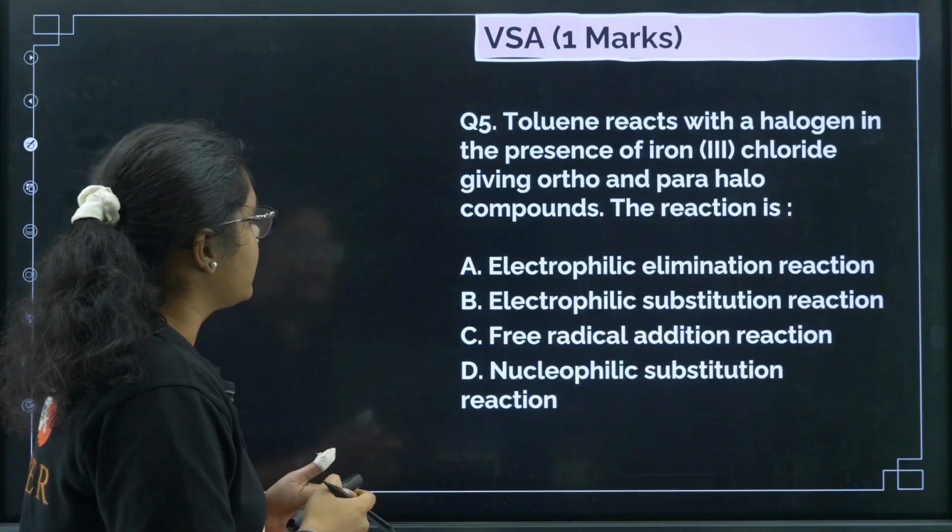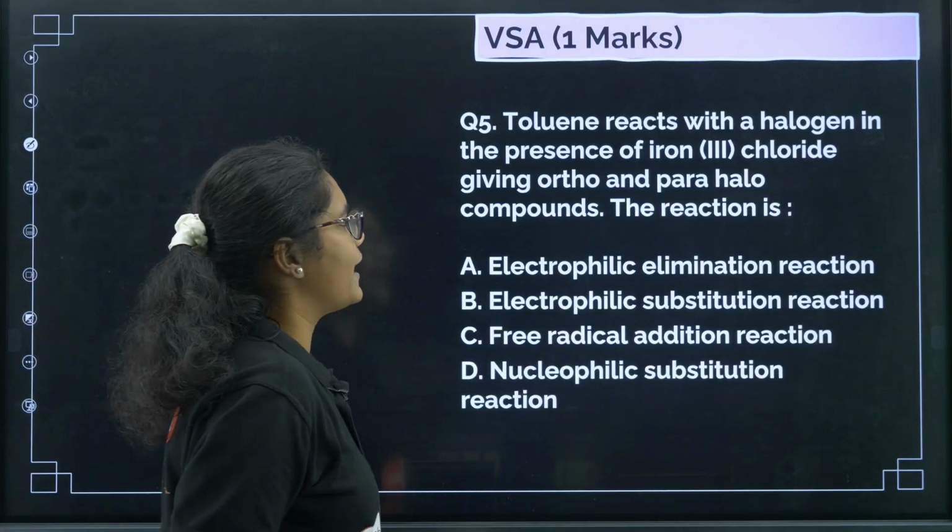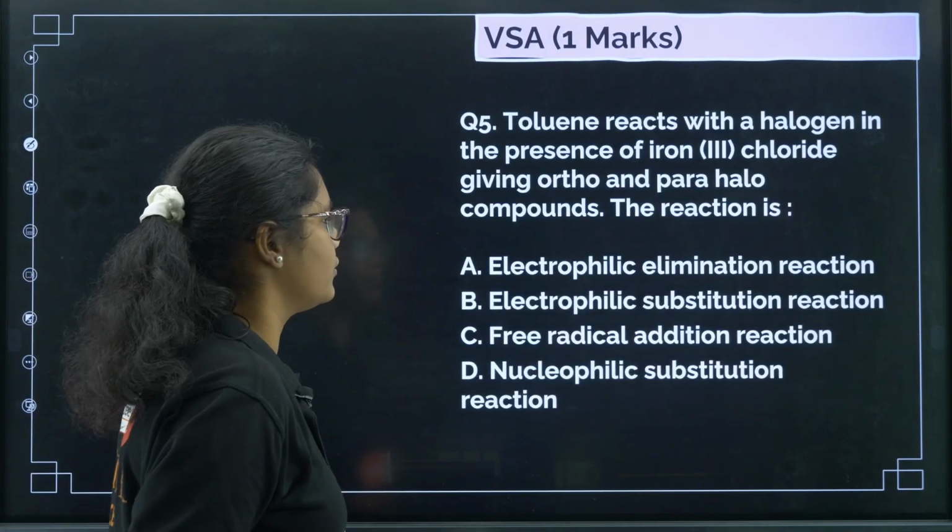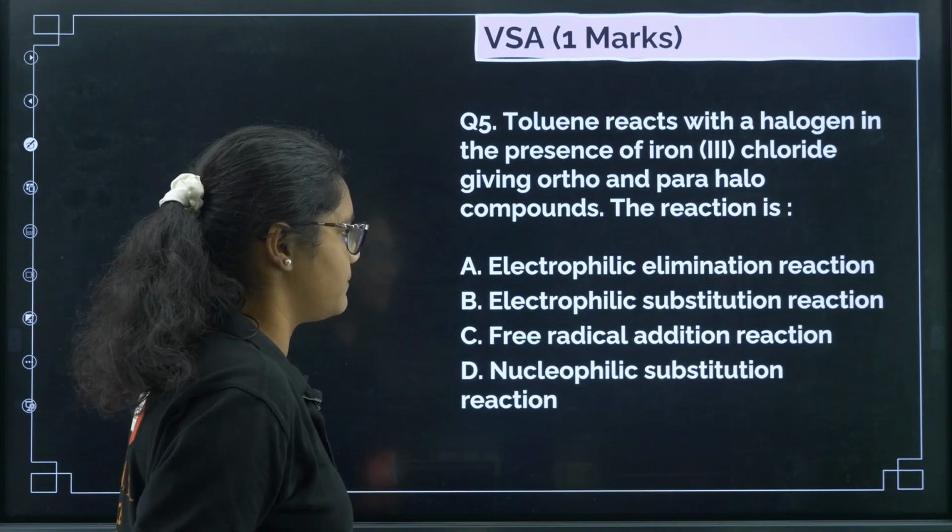Okay. Next question: toluene reacts with a halogen in the presence of iron chloride, giving ortho and para halo compounds. What is the reaction?